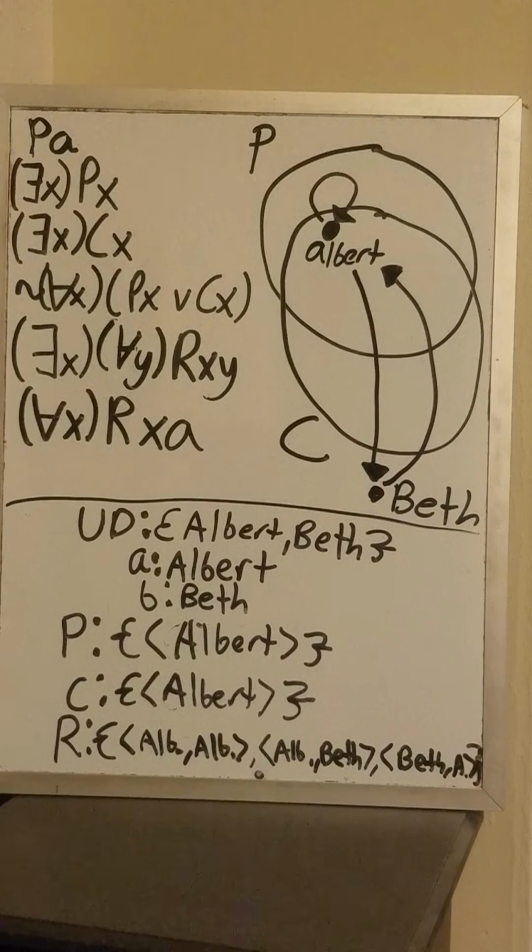So that's our complete interpretation. That's a model of these sentences. We have our universe of discourse, we have what the constants of the language are naming or picking out, and we have the extension of the predicates, and that's all there is to it.